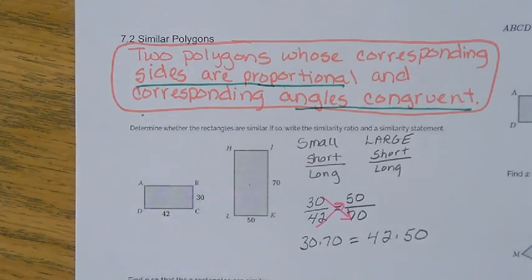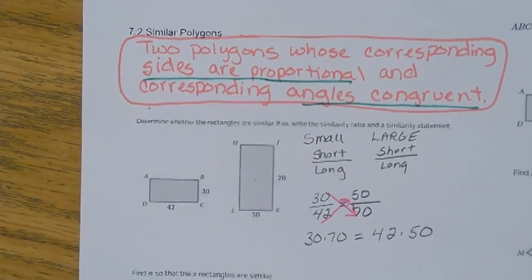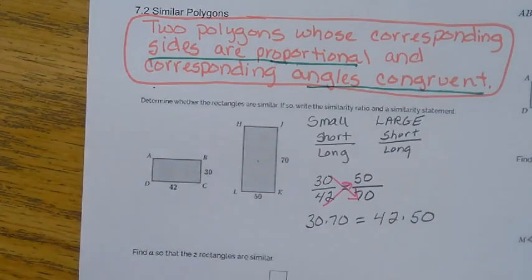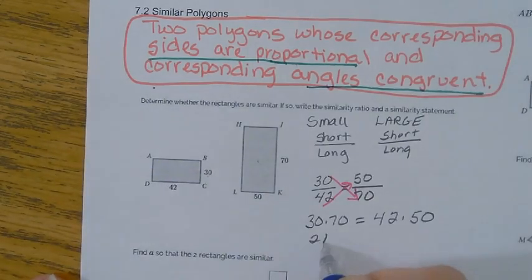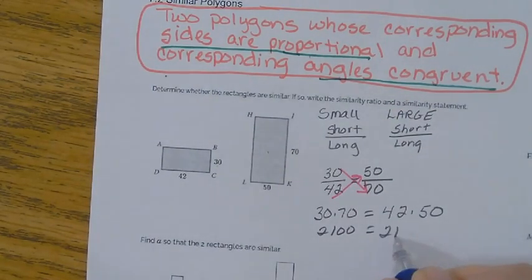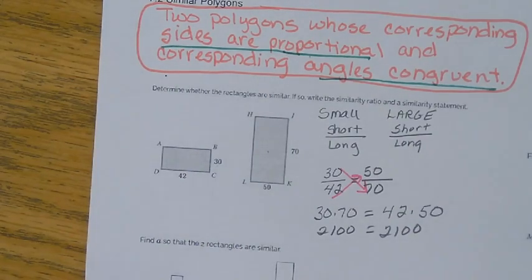So go ahead and multiply those out. So what's 30 times 70? And 42 times 50? So are they proportional? Yes.